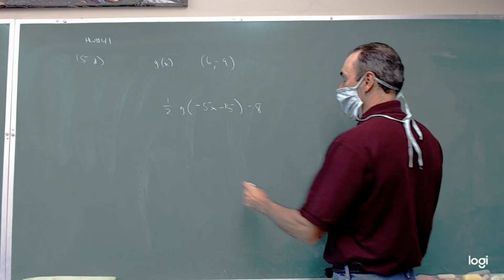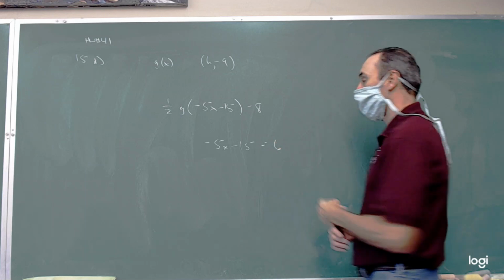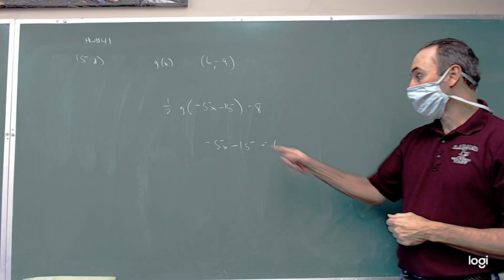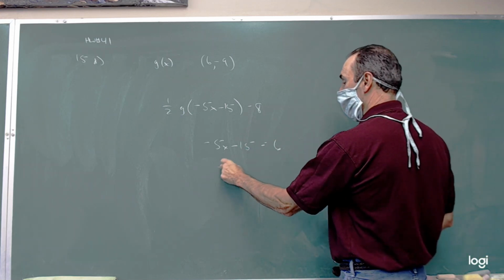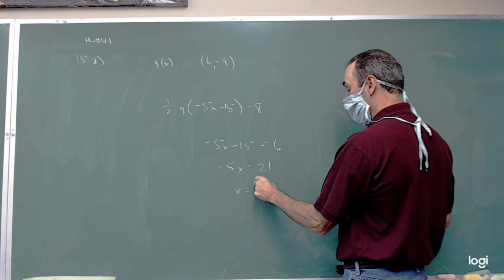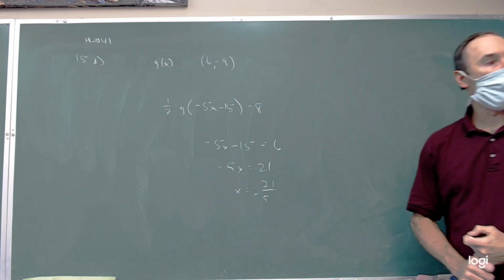So we take negative 5x minus 15 equal to 6 and solve for x. We add the 15 and then divide by negative 5, and that's going to be, yuck, negative 21/5.